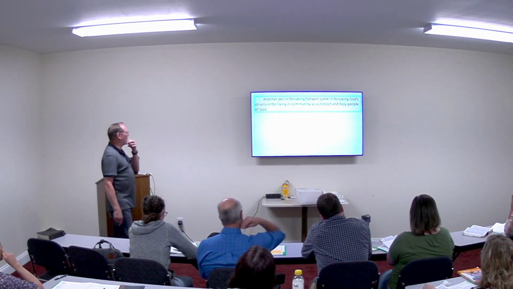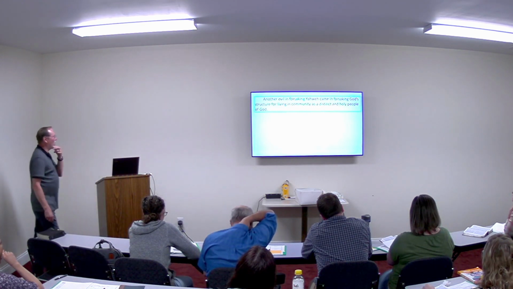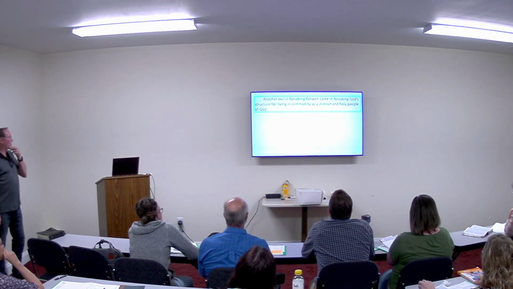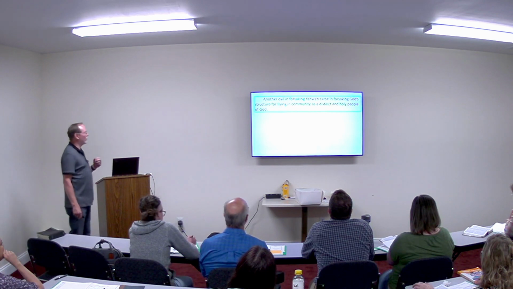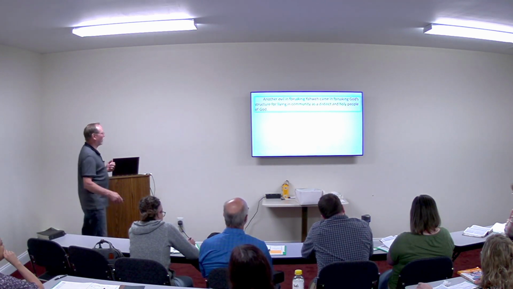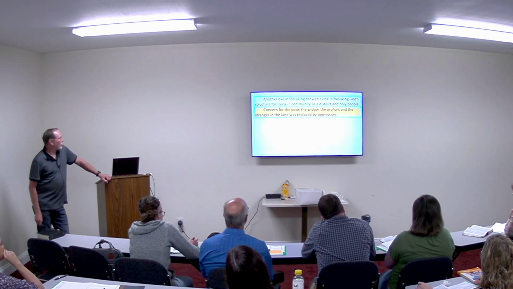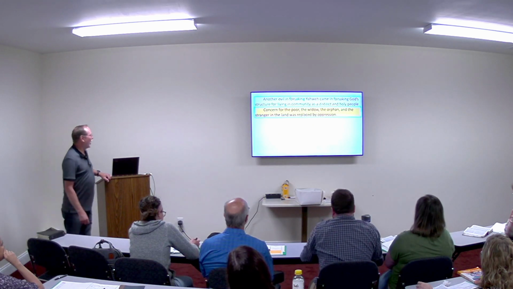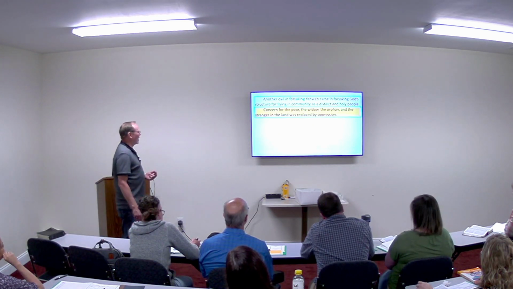Another evil in forsaking Yahweh came in forsaking God's structure for living in the community as a distinct and holy people of God. Concern for the poor, the widow, the orphan, and the stranger in the land was replaced by oppression.